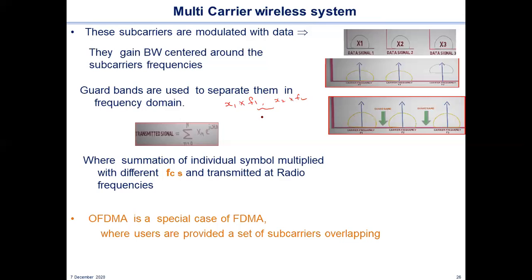It is x of n times e power j omega t. Okay, the real part of this one I actually take. So the transmit signal is like this. This exactly represents the IDFT, inverse discrete Fourier transform. Okay, this is the symbol period.